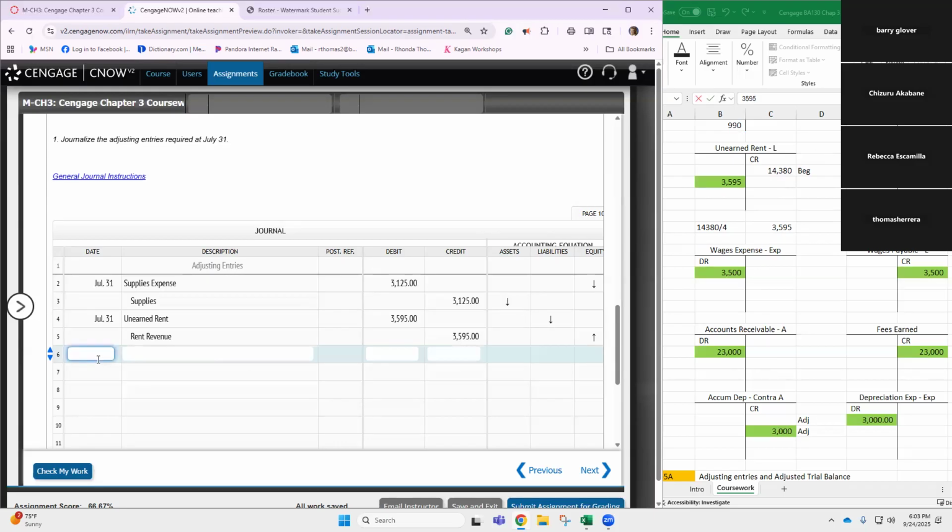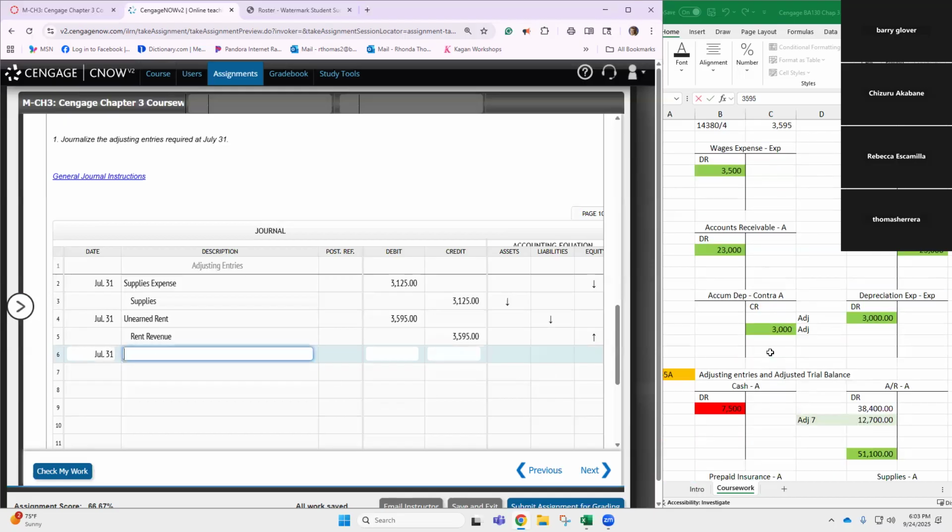Let's put July 31st again. Okay, so now the next one says wages accrued but not paid on July 31st are 51.20. So this one's a little easier. You didn't have to figure out anything.